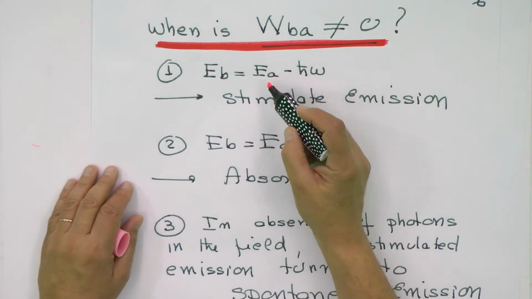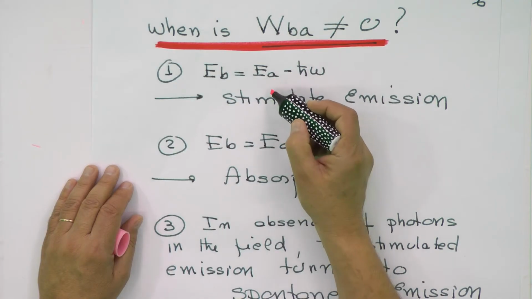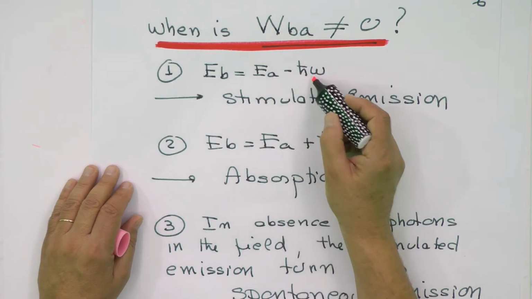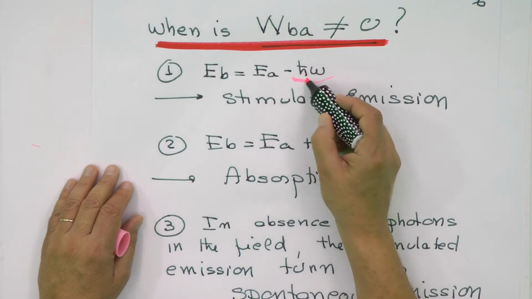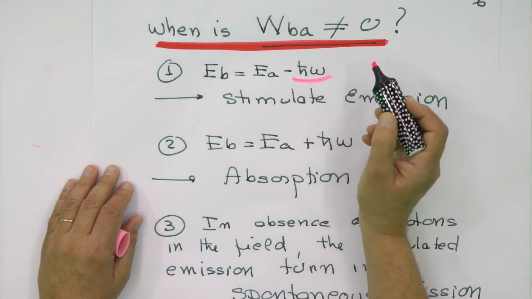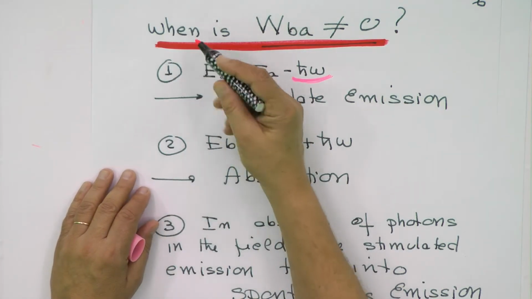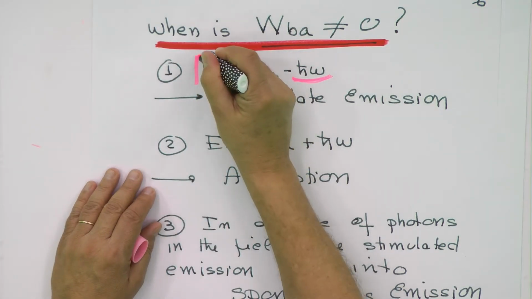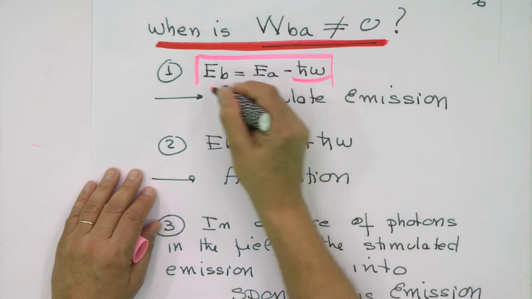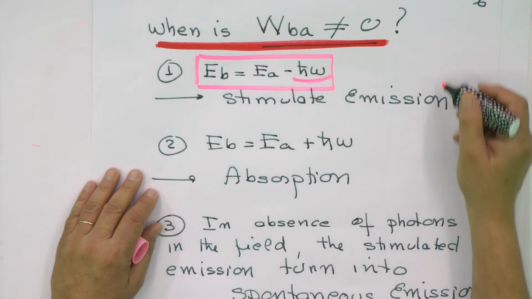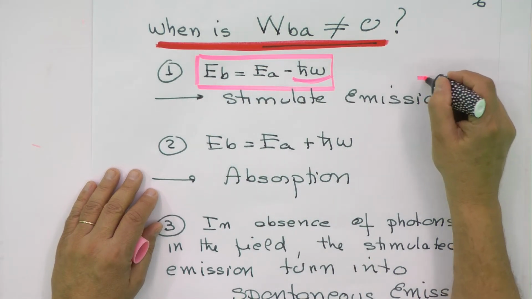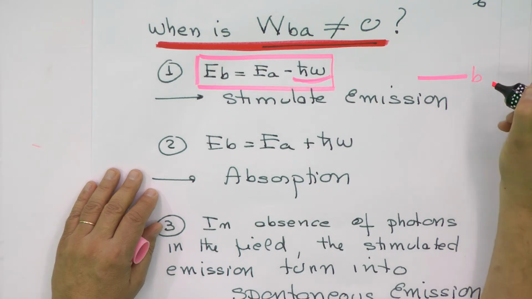The original state is E_A, the initial state, and I remove the photon energy from this guy, and I end in the final state. So this is the situation where E_B, the final state I want to go to, is lower. So this is E_B, state B, and A was up somewhere.